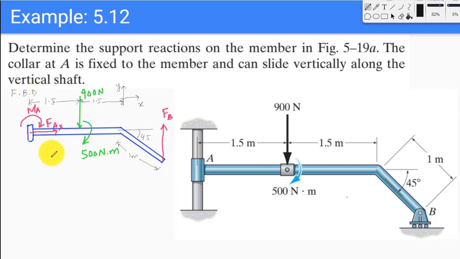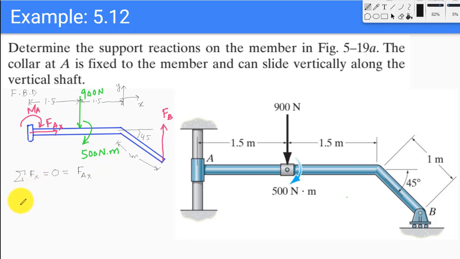The next step again is to write the equations of equilibrium. So we have the first equation, which is the sum of all the forces in x equal to 0. The only force in the x direction is this FAX, which simply means that FAX has to be equal to 0.